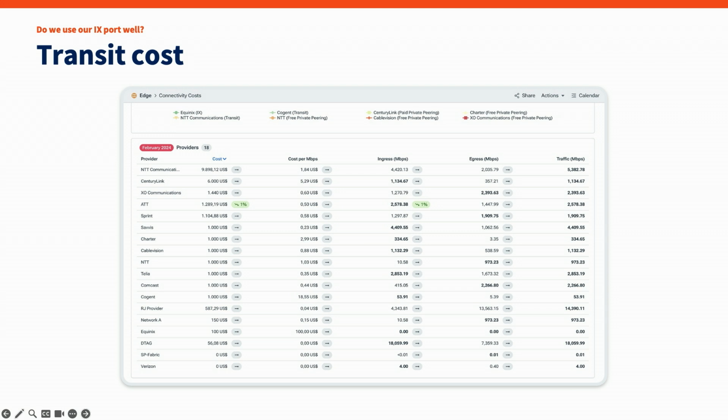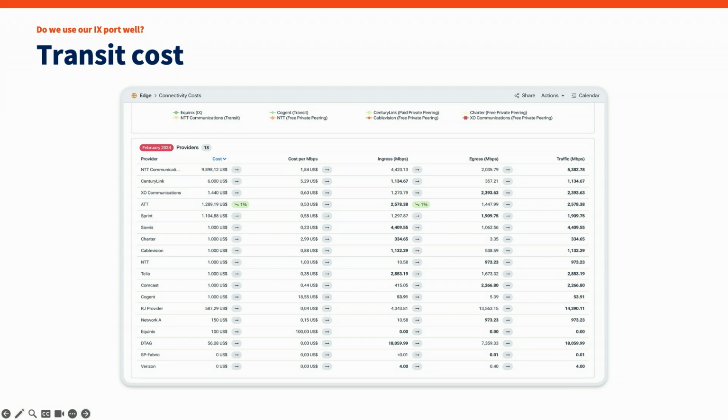Adding a lot of data into a single source allows you to look at cost as well. So now we can see for those providers we just saw in that graph how much money we pay them for the traffic. And when you add all the context, we can even tell you, hey, you have a committed rate here, so if you put more traffic on it, your price per megabit goes down.